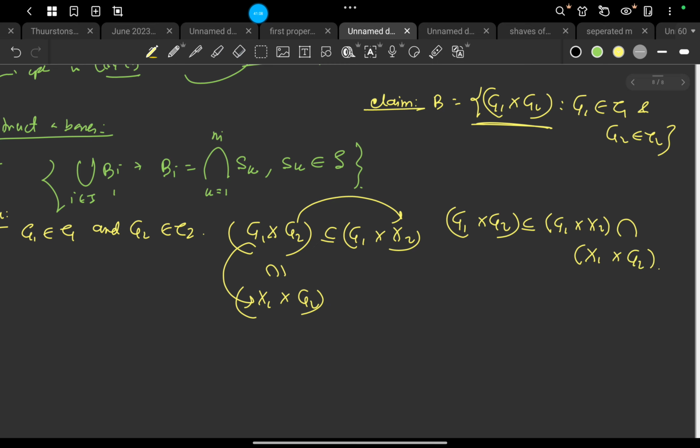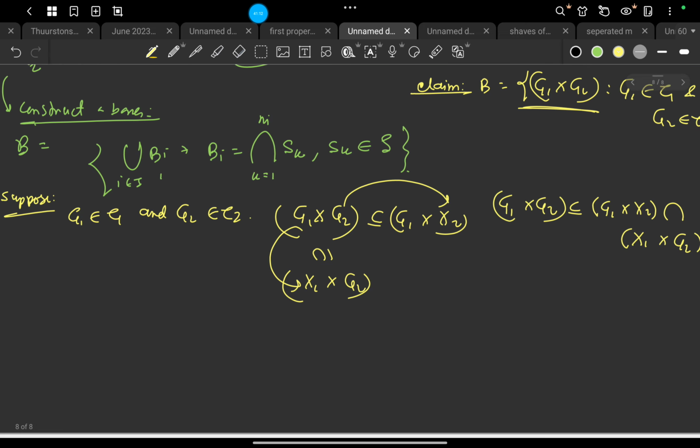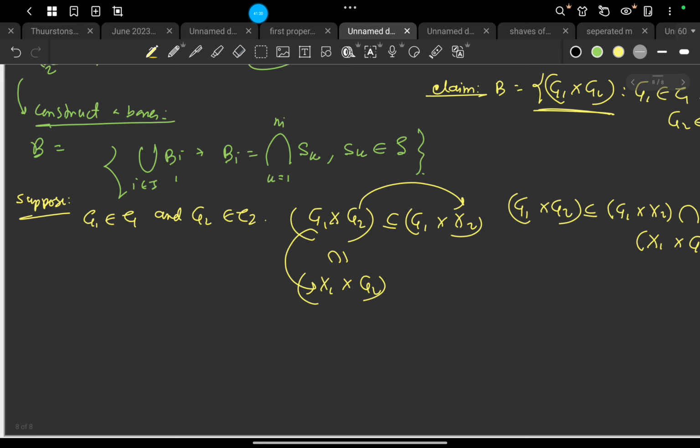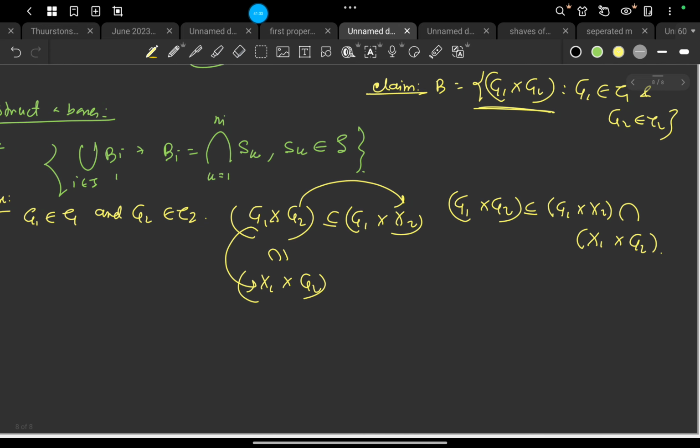So G1 cross G2 is in fact a finite intersection of some members of S, right? In fact, we can write it so.